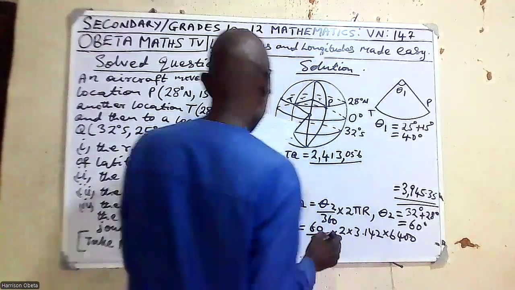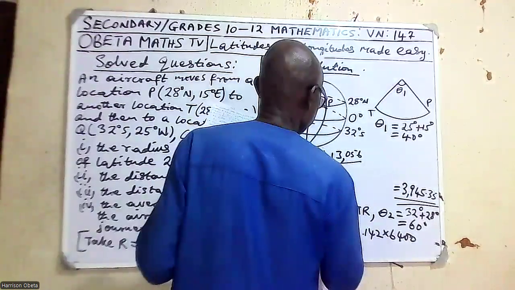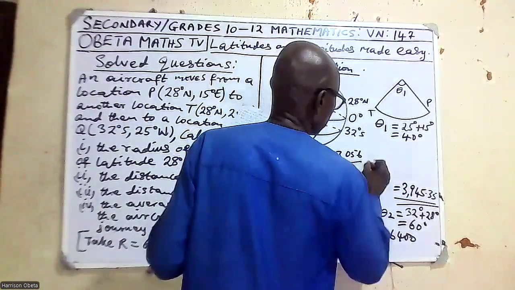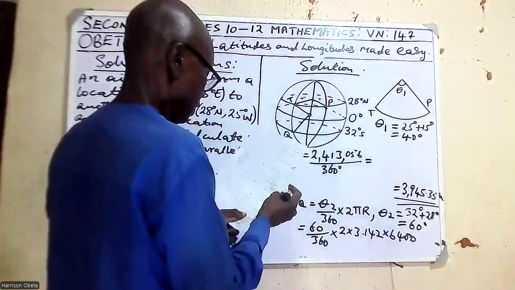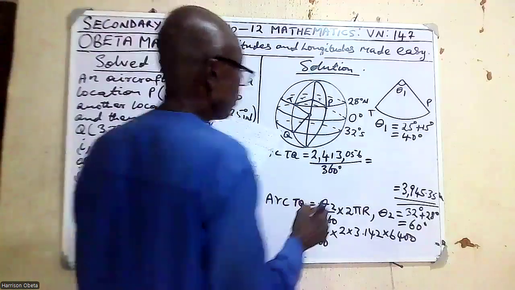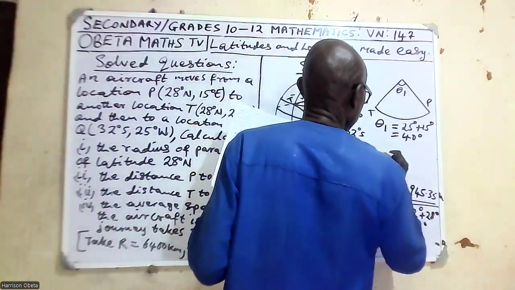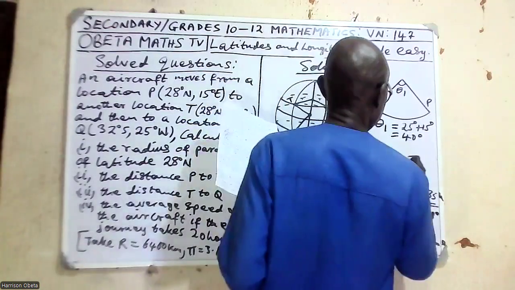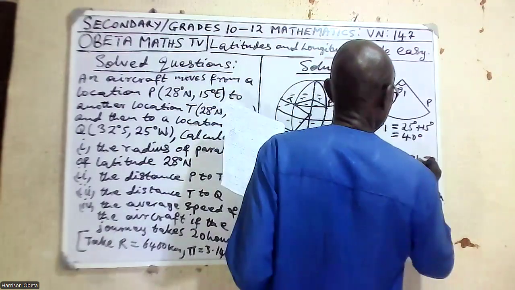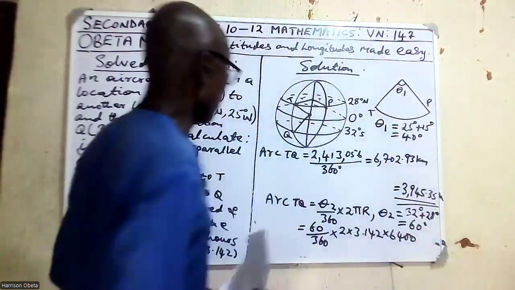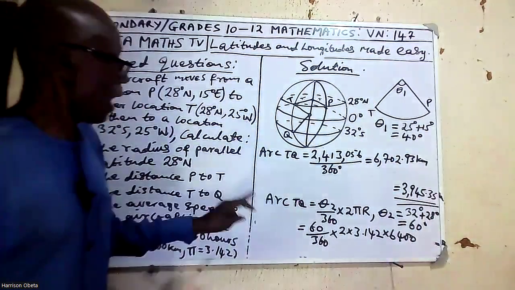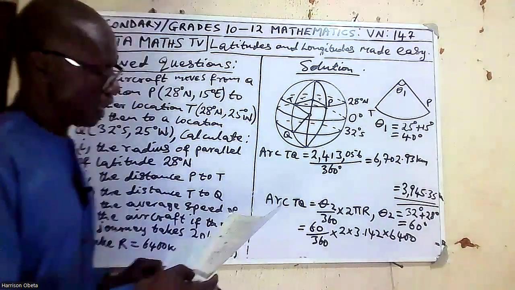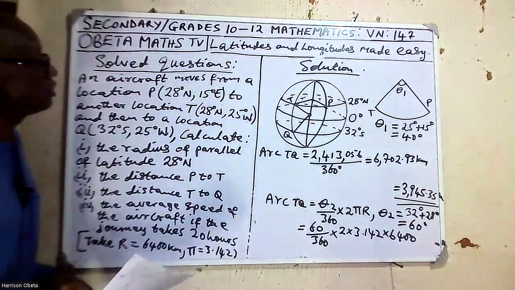We are dividing by 360. That will give us 6702.93 kilometers. So we have succeeded in getting arc TQ as well as PT.